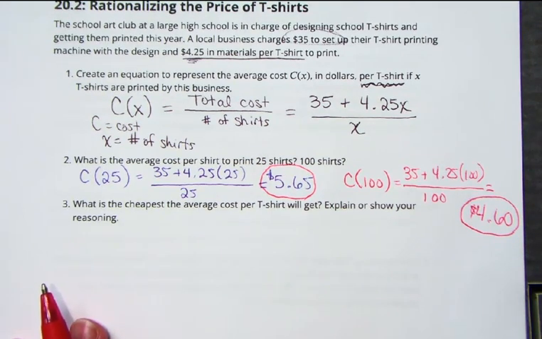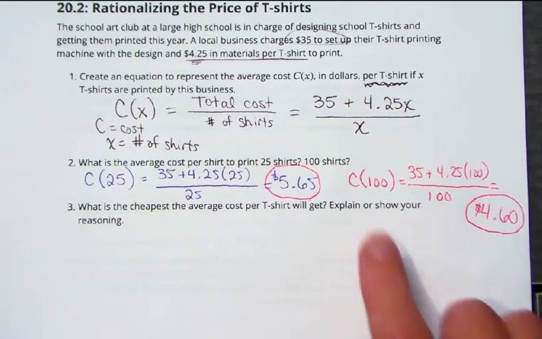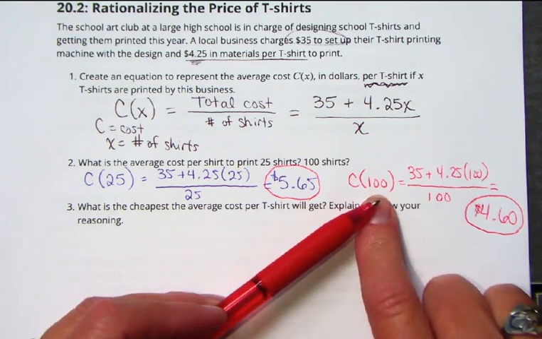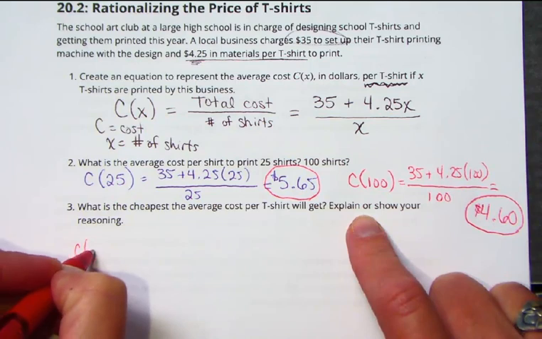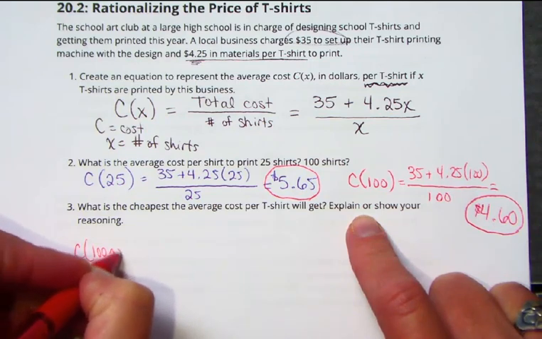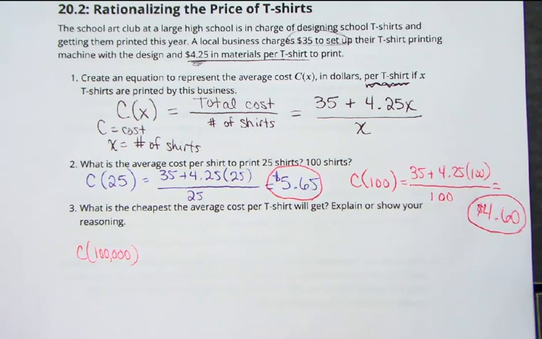The cheapest average cost the t-shirt will get. There's a couple ways we could do this. We could plug in some bigger and bigger numbers. We could do something like find C of 100,000 or 1,000,000 or 1,000,000,000 or something like that.